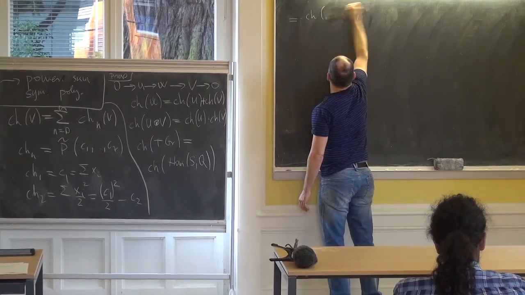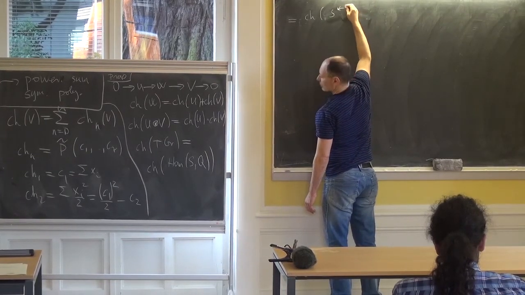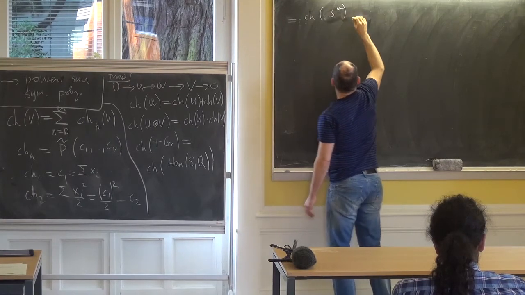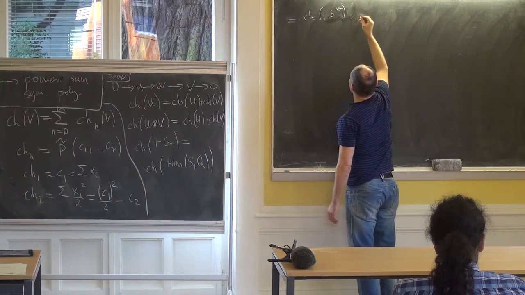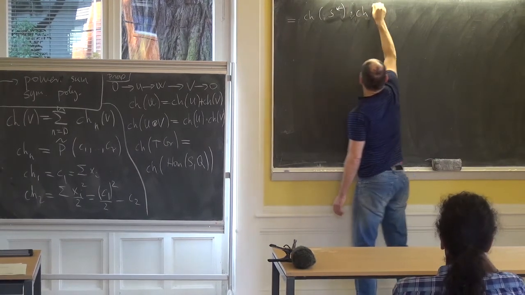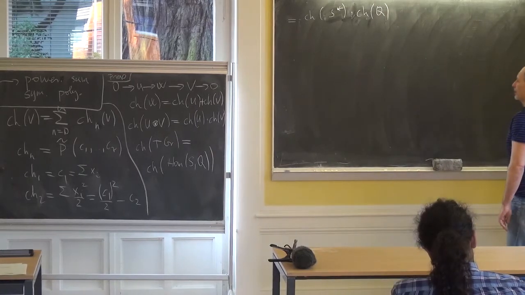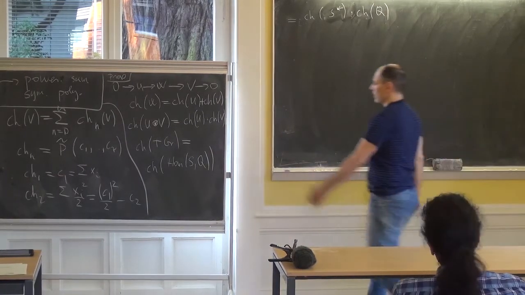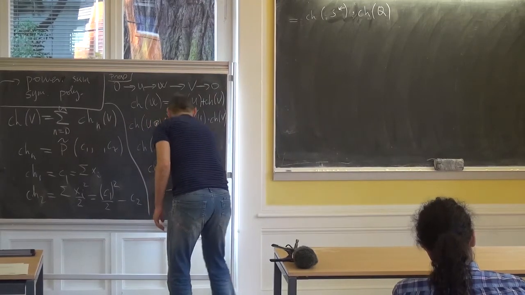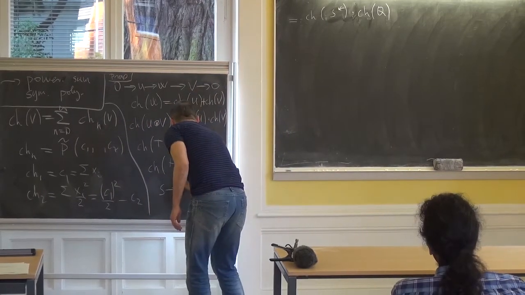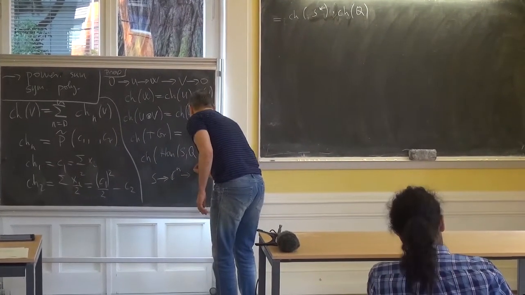So this is just the Chern character of S star tensor Q, so it is the Chern character of S dual multiplied by the Chern character of Q. Now we use our sequence. What are this S and Q? Remember, the sequence gives us the trivial bundle C^n.